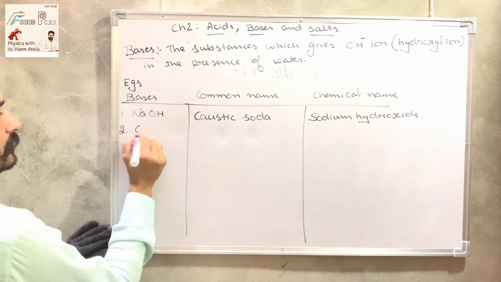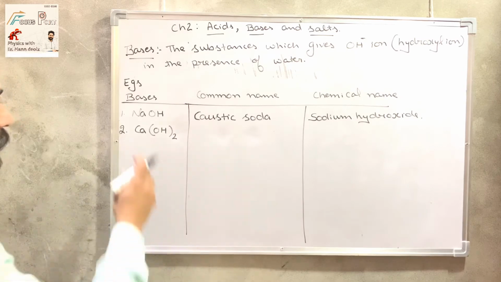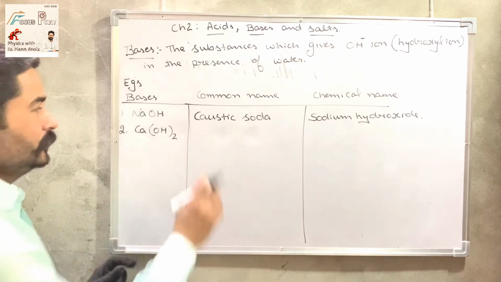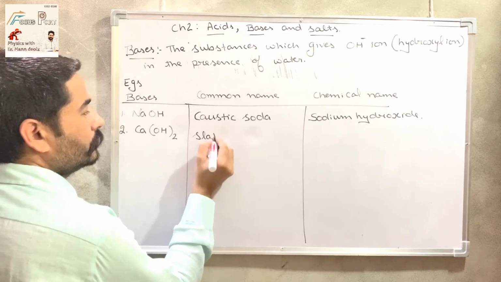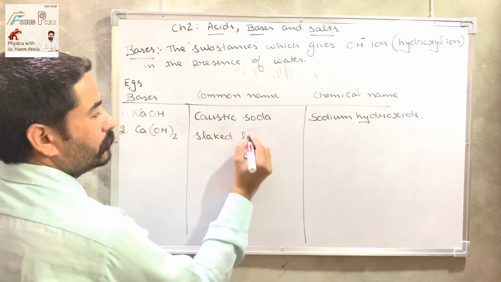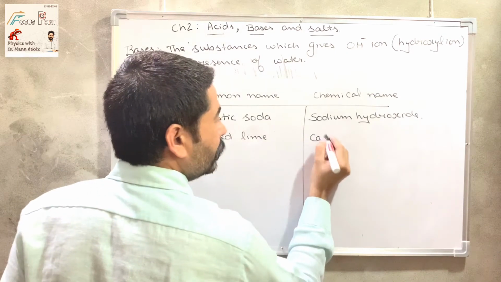In the same way, calcium hydroxide. In the first chapter you have seen the reaction of this in whitewashing. Its common name is slaked lime or lime water also, and the chemical name is calcium hydroxide.